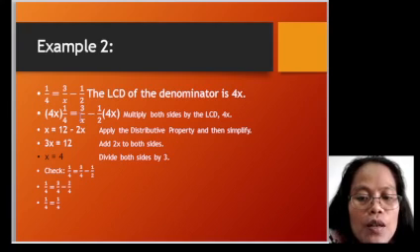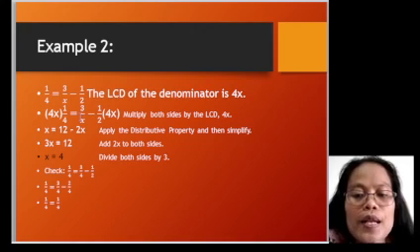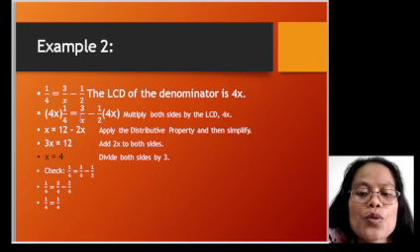So we have to combine like terms now. We will add 2x to both sides. So 2x plus x is 3x, and negative 2x plus 2x is 0. So the left side is already 3x, and the right side is already 12.